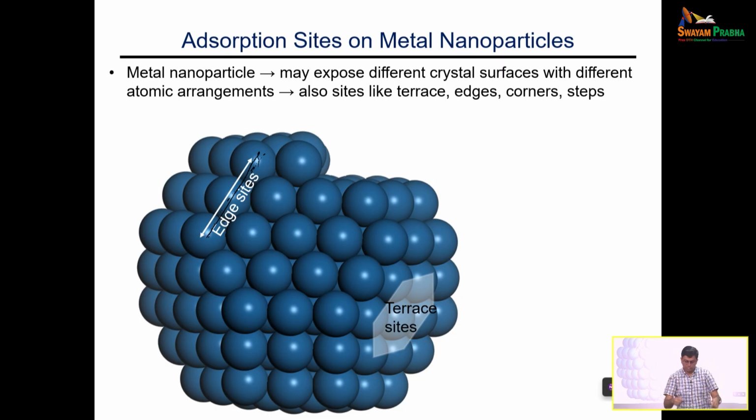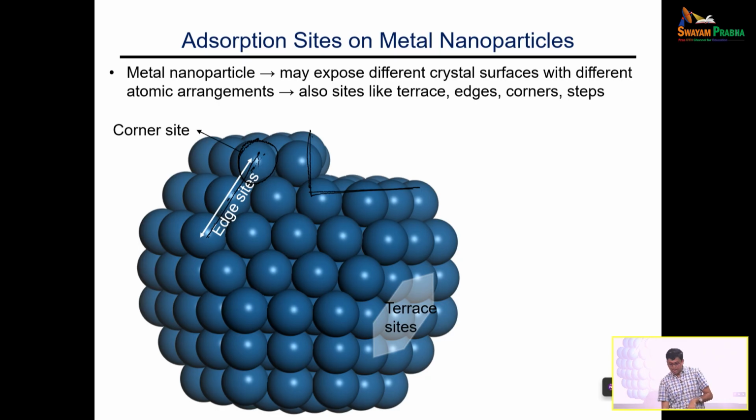If we have 3 planes, that's a corner atom, and each of them behaves very differently. And there is also some sort of a stepped arrangement. There are missing atoms here, and this kind of arrangement is called a step, and each of them has its own specific character in terms of their arrangement at these specific locations.